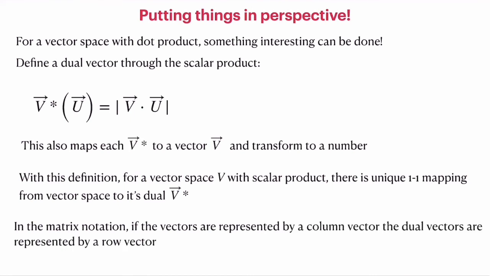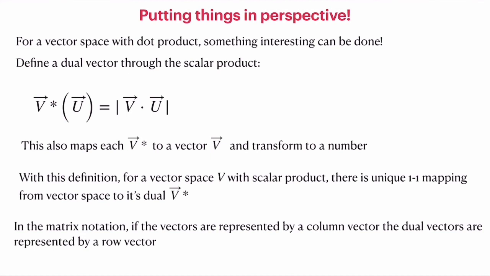The main reason is that it can be cleanly represented in matrix notation. If vectors are represented as column vectors, meaning the components of vectors are represented by a column vector, then the dual vectors are represented by row vectors.